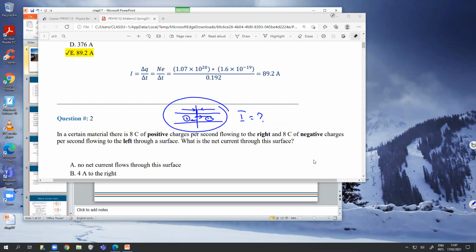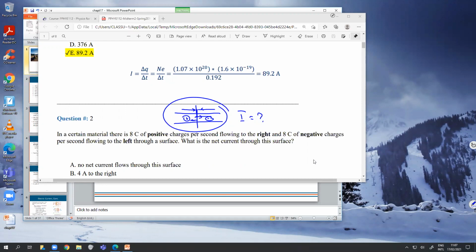So when positive charges flow, the current direction is the same as the direction of the charge flow. But whenever negative charges flow, the direction of the current due to the flow of the negative charges will be the opposite direction. Okay, this is the convention.